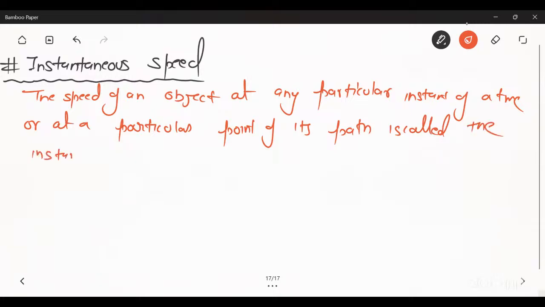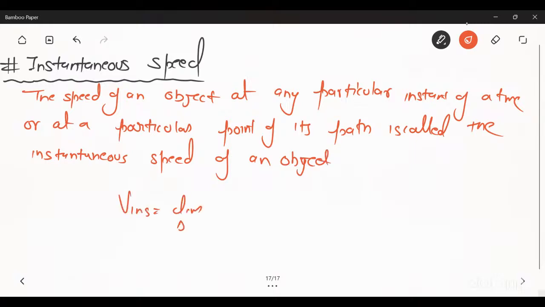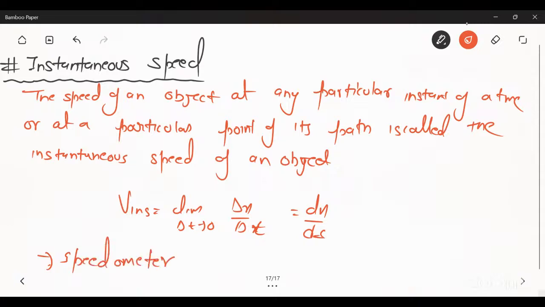The instantaneous speed of an object: V instantaneous is equal to limit delta t tends to 0 of delta x by delta t, so dx by dt. The speedometer of a vehicle gives the instantaneous speed.